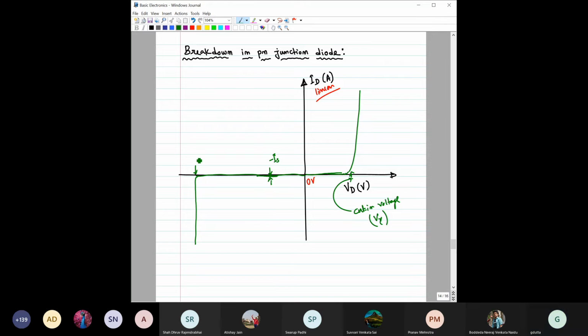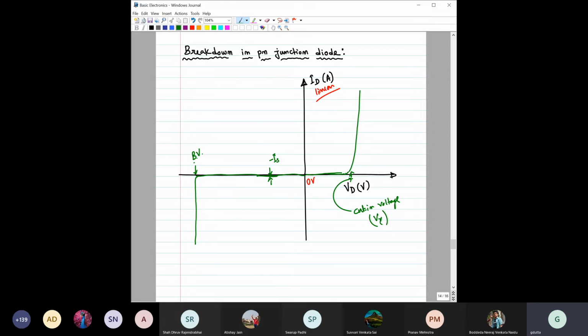This value is called the breakdown voltage. After that the current will increase drastically. You can see it is almost perpendicular, though there is still some slope. During breakdown the characteristic is very close to perpendicular, and the current will increase very sharply. That is called diode breakdown.